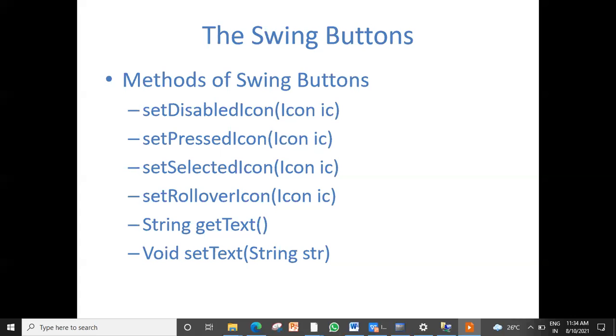At that time, if you want to set a different image, you can use these. All these methods are rarely used. Who will change the images every now and then? Like once it is pressed, the image should change. Once it is selected, selected means just highlighted, not clicked, the image should change. But anyway, these are given in the textbook.